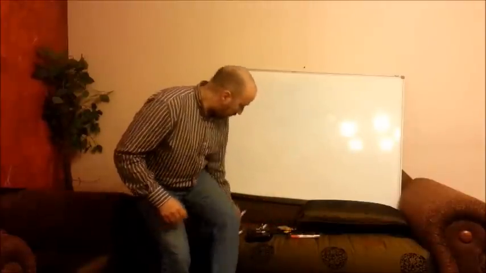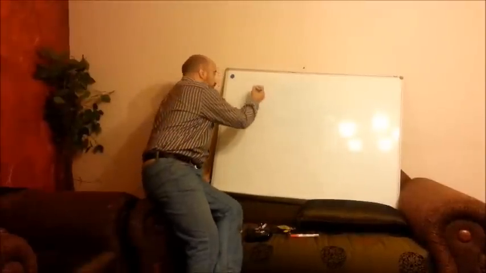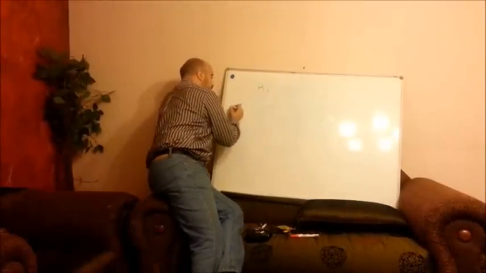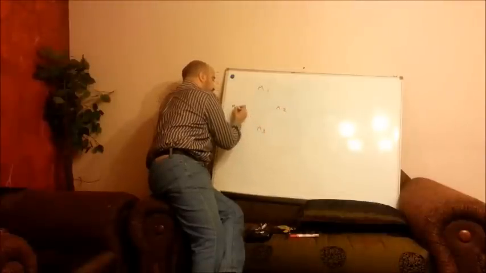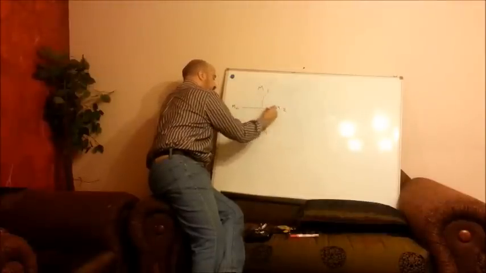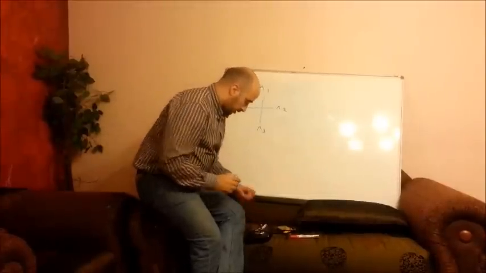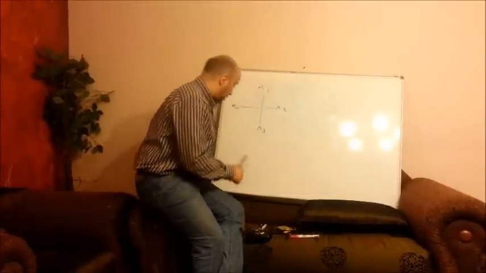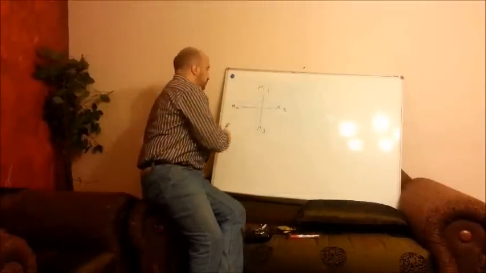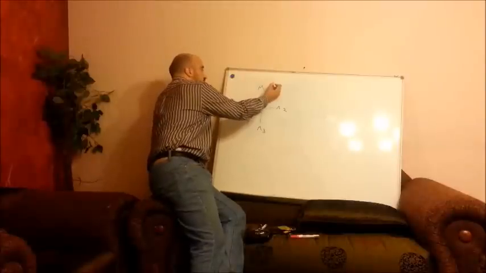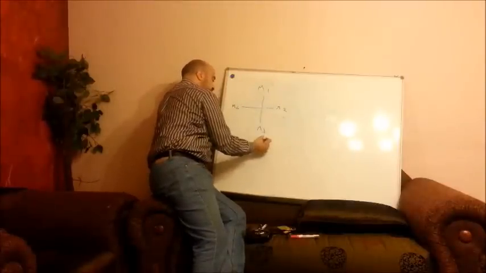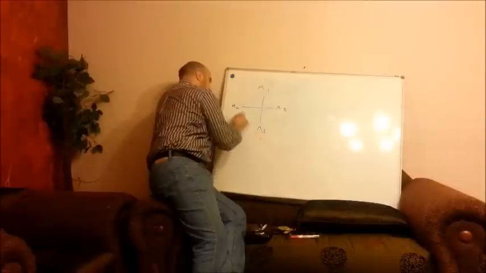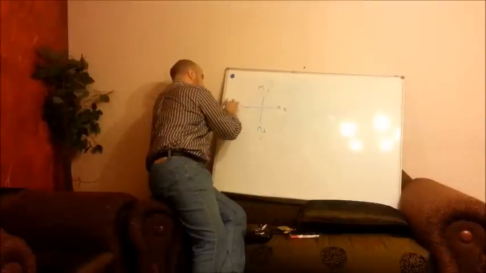Okay, let's draw it. For a quadcopter, we have four motors: M1, M2, M3, M4. Suppose this goes clockwise, then this goes anti-clockwise, then clockwise, anti-clockwise.